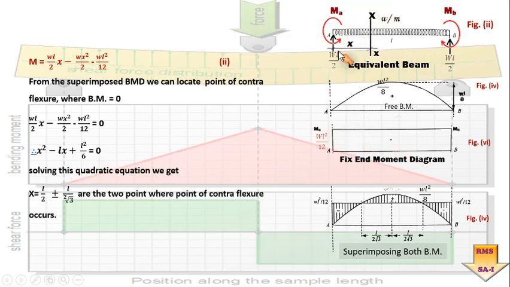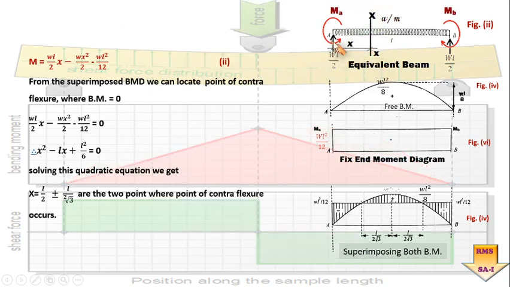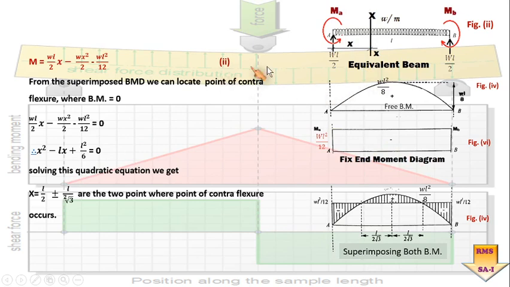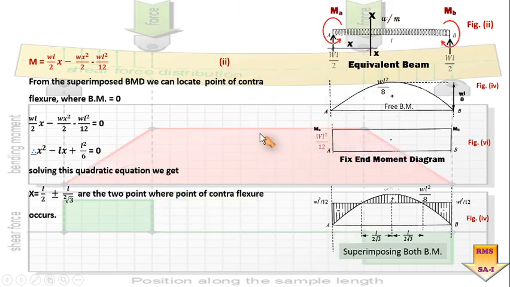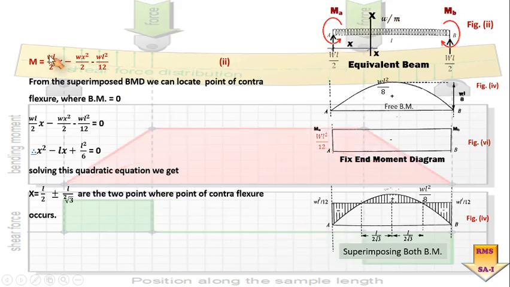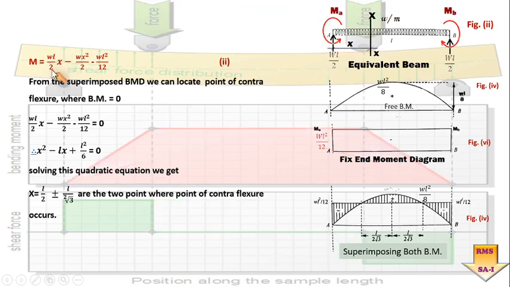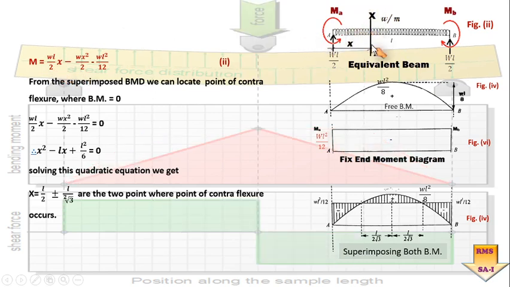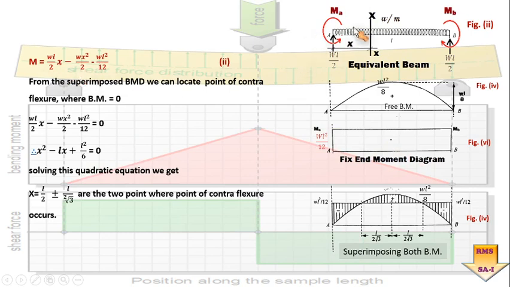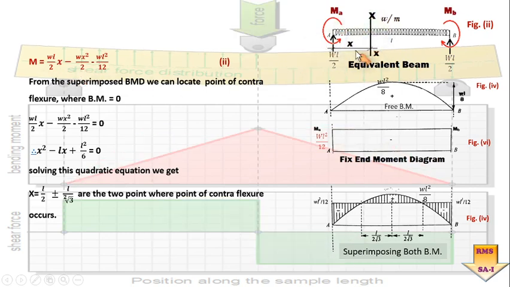So this being a simply supported beam, I have considered a section XX at a distance of x from point A. In the earlier case, how did we work out this value? These two terms in this M are related to the simply supported beam at point XX at a distance of x.